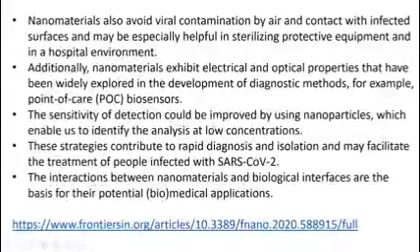The sensitivity of detection could be improved by using nanoparticles, which enable us to identify analytes at low concentration. Even low concentrations of viruses can be determined using nanoparticles. These strategies contribute to rapid diagnosis and isolation and may facilitate treatment of people infected with SARS-CoV-2. So you see, it can be used to protect as well as to cure. The interactions between nanomaterials and biological interfaces are the basis for their potential biomedical application.